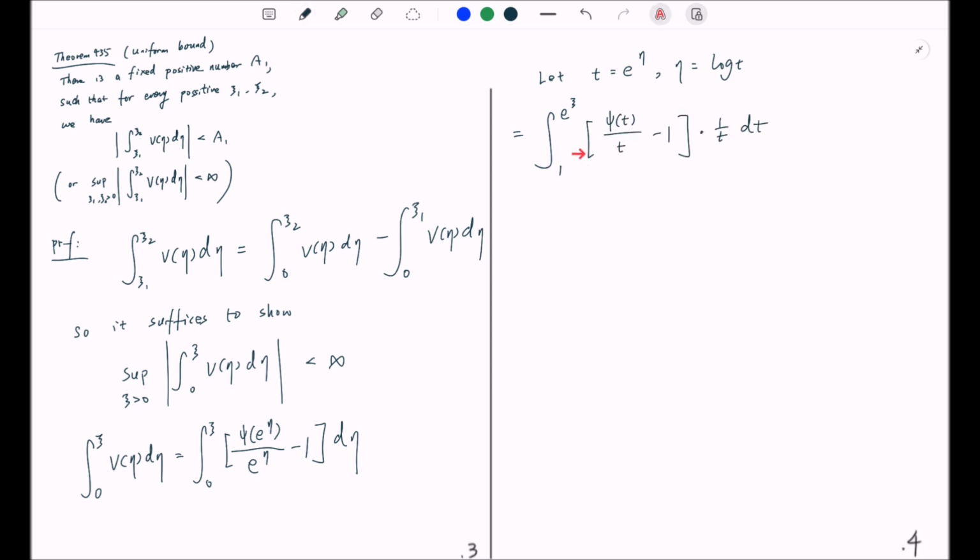Now, why is this uniformly bounded? Let me write one more step, and then you'll see. We'll do a truncation at 2. And if you still don't see at this point, let me do one more step.